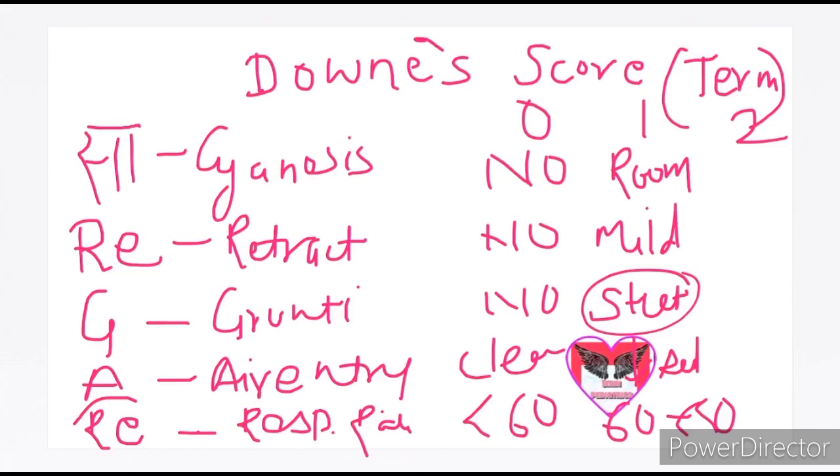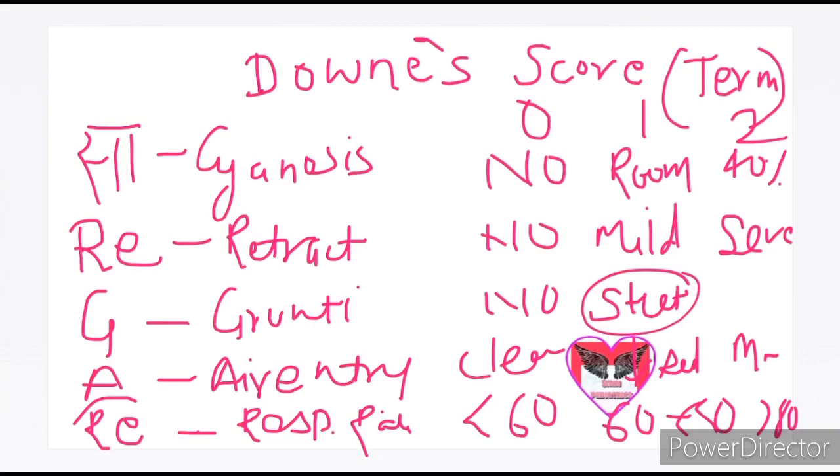For score 2 we need 40% FiO2 for cyanosis, there is severe retraction of the chest, there is grunting that is audible even without a stethoscope, and air entry is markedly reduced or barely audible, and rate is more than 80 per minute.